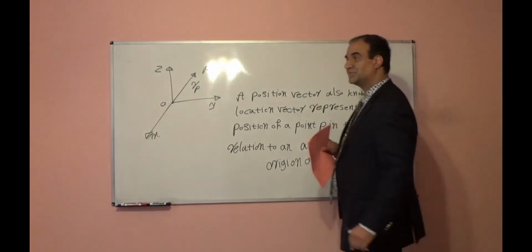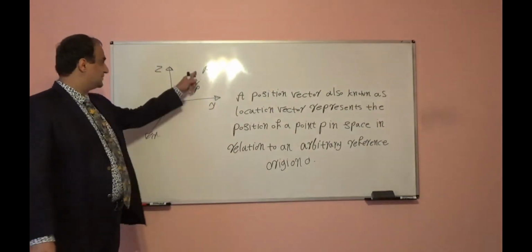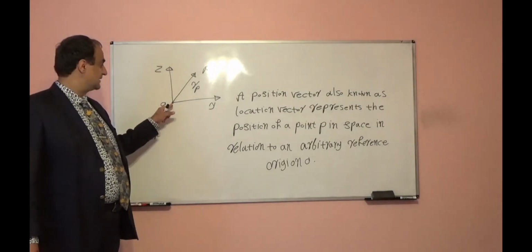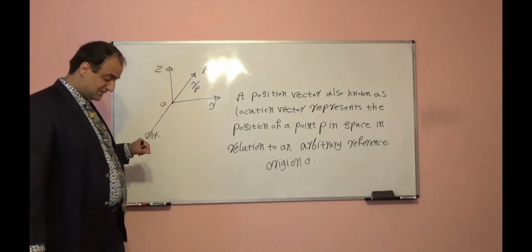So the position vector describes the location of point P with respect to the origin. For example, here origin O in one space, for example 3D space.